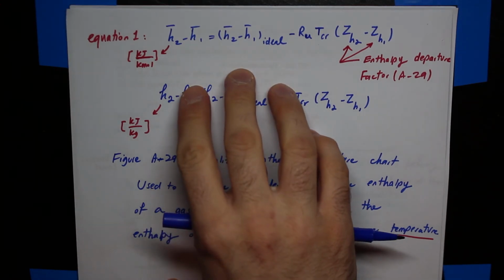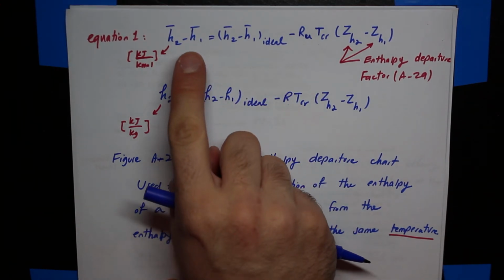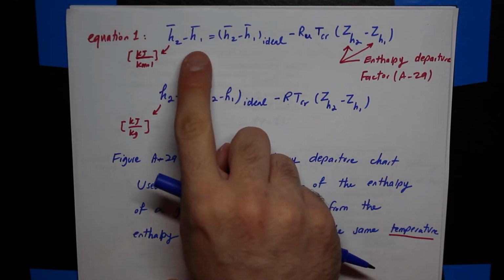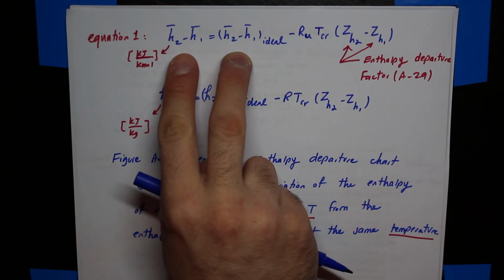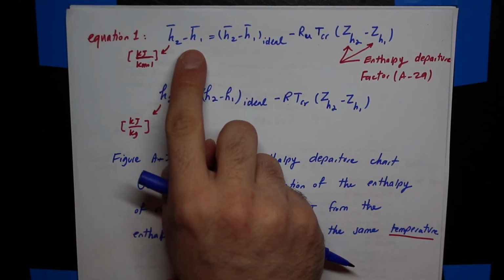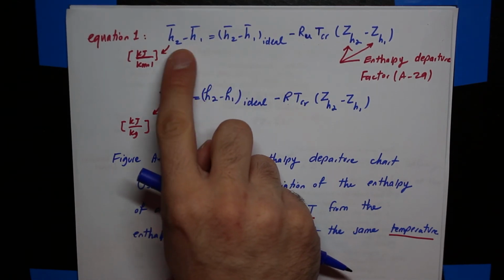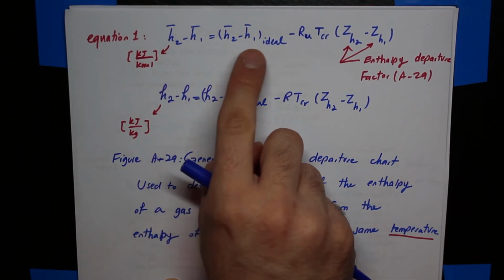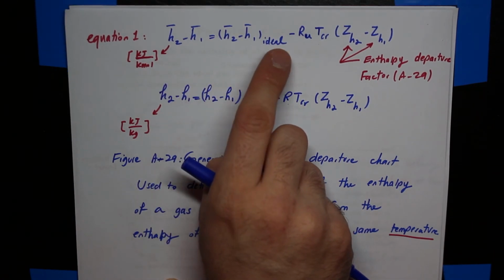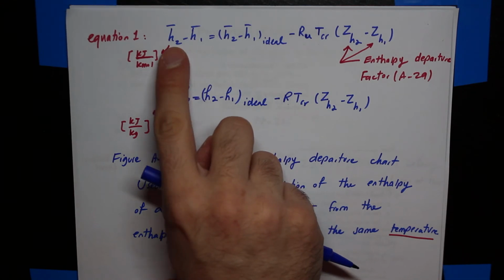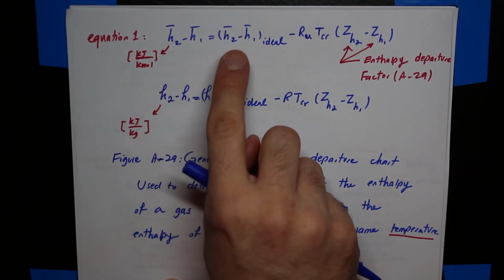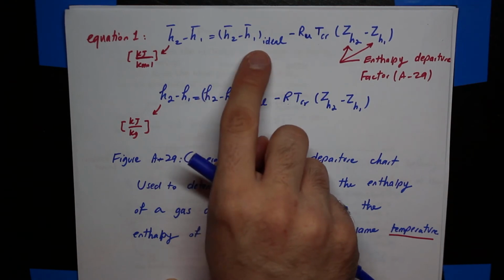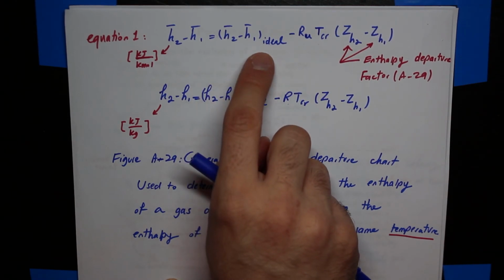So what we have here is two series of H, or actually H bar in this particular case. One of them is for a real gas, and the other one on the right hand side has the subscript of ideal gas. So on the left hand side, we have the change in enthalpy of a real gas, and in the right hand side we have the change of enthalpy of an ideal gas.